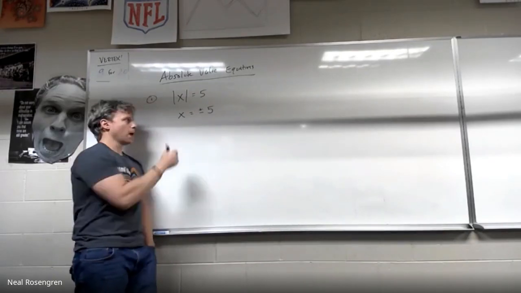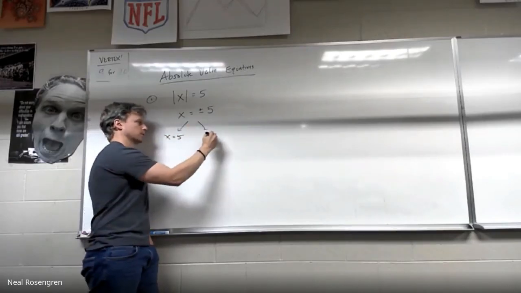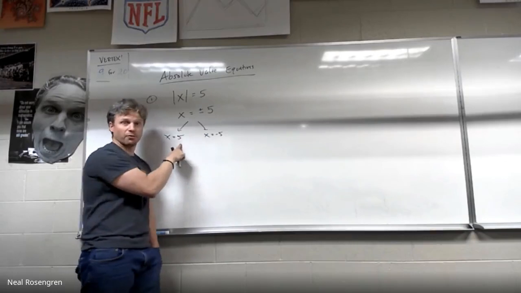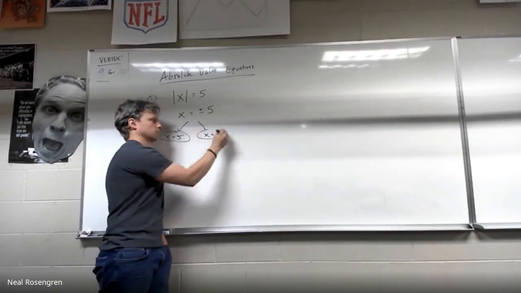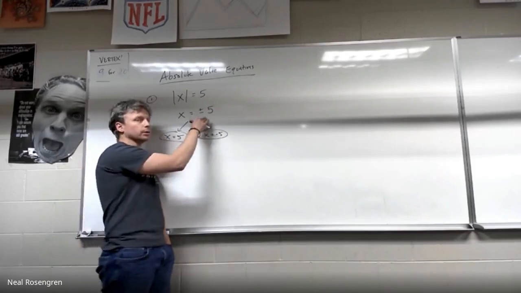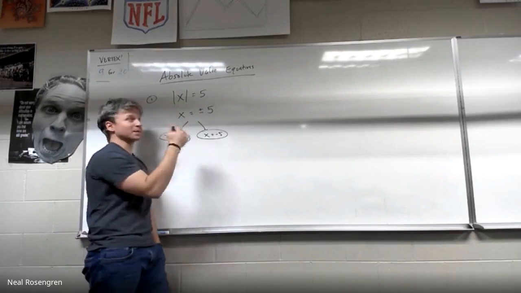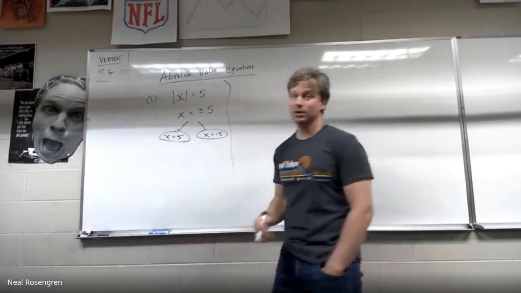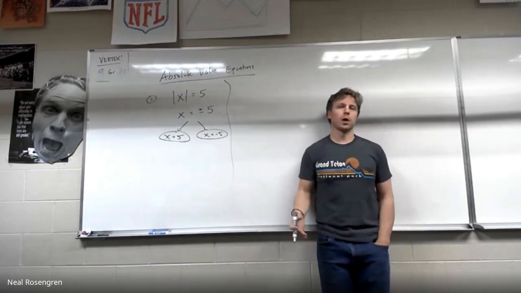And what that'll do is give me two possible equations, right? x is equal to 5, or x is equal to -5. And I'm done. You certainly could have stopped right there with the plus or minus. That would have been fine. But sometimes what's happening on the inside is more than just x, and so we might have a step or two of work to do after the fact, right?